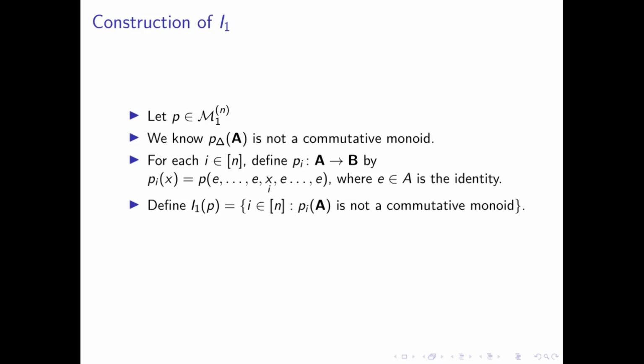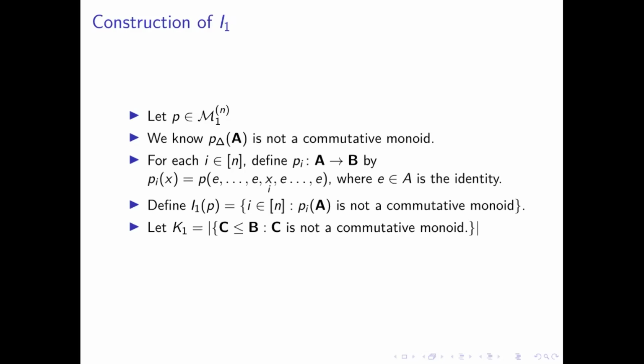So the idea here is that if P delta of A is not a commutative monoid, then some of these pieces, Pi of A, have to be non-commutative as well. You can't have all of these pieces being commutative and still get that P delta of A is not commutative.